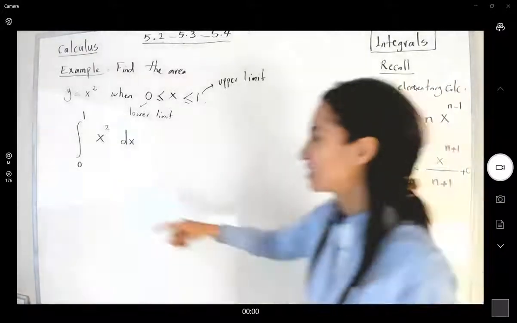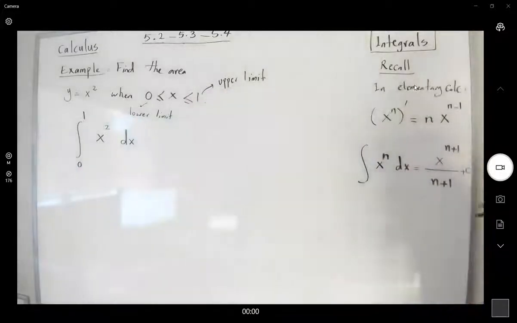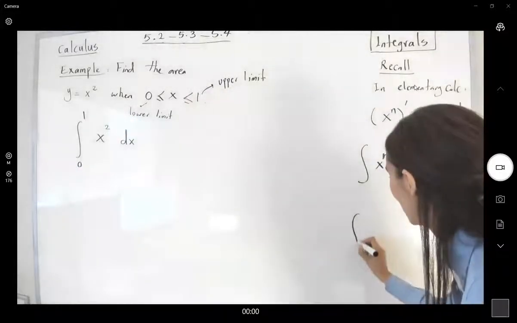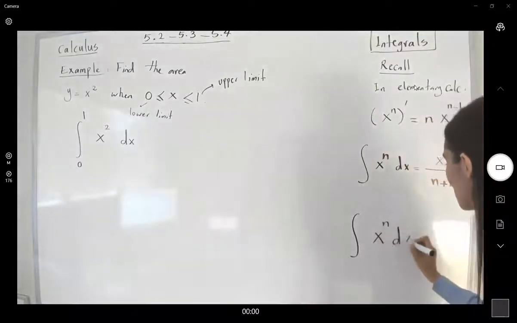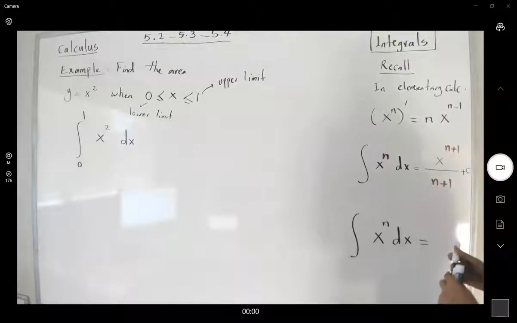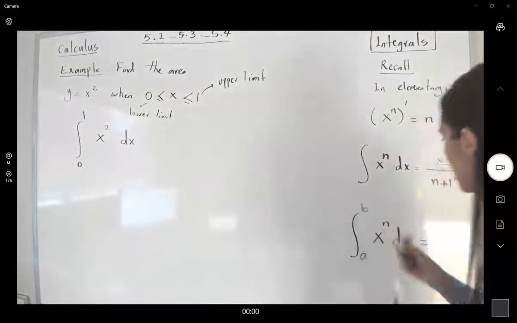Now, what if we have a lower limit and an upper limit? Suppose I have a and b here, my lower limit and my upper limit.